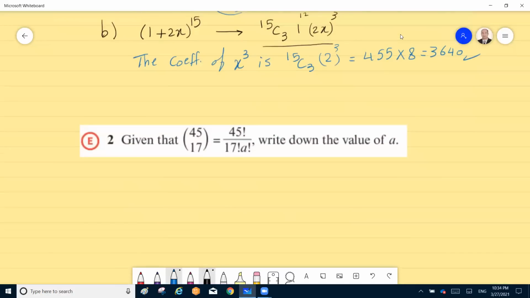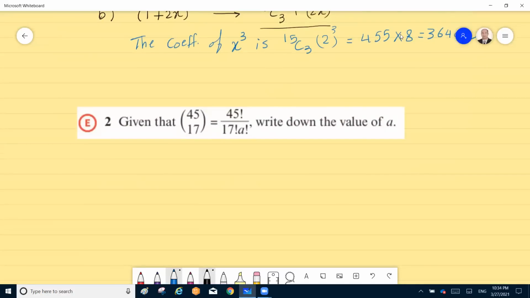If you go to question number 2, given that 45C17 equals 45 factorial over 17 factorial into a factorial, write down the value of a. Don't forget that the rule for the combination nCr is n factorial over r factorial times n minus r factorial.